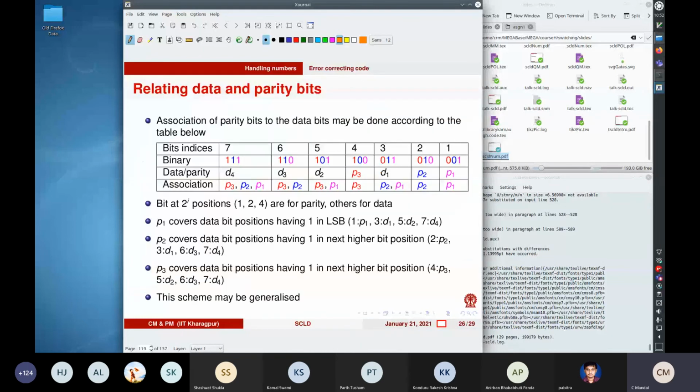All right. So we'll take up the exercise of constructing the logic for error recovery using this scheme.